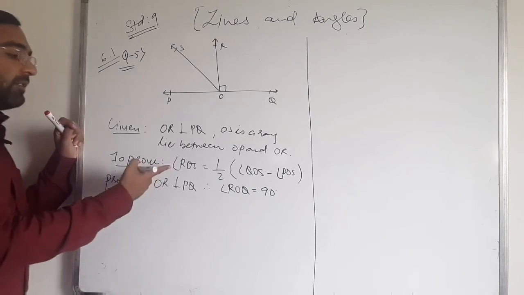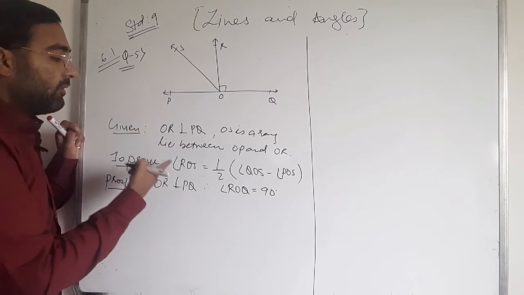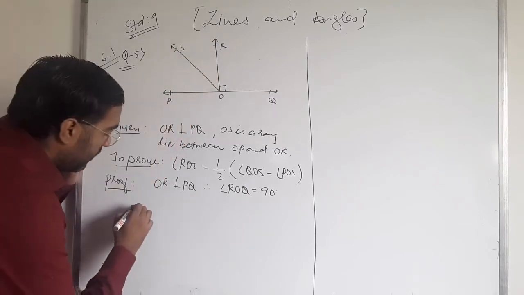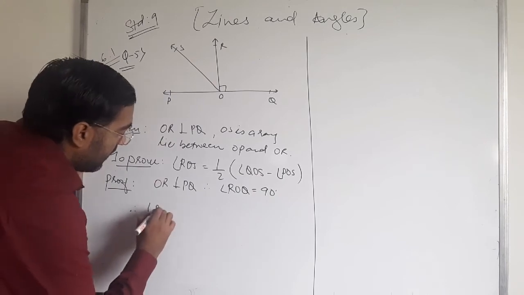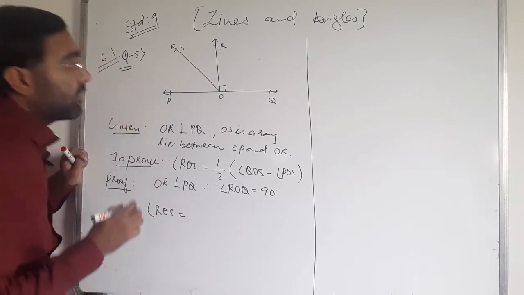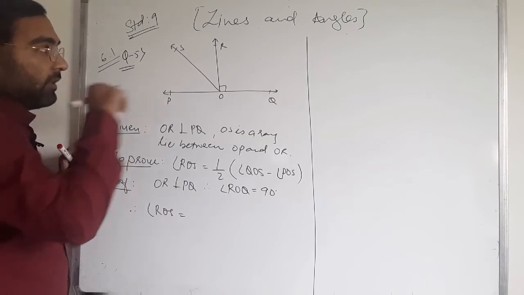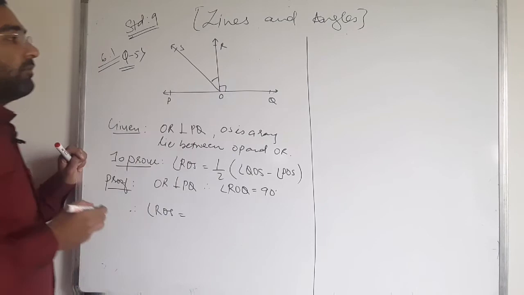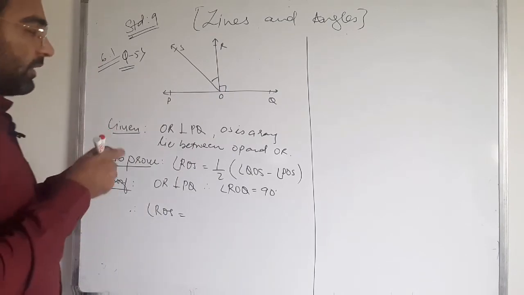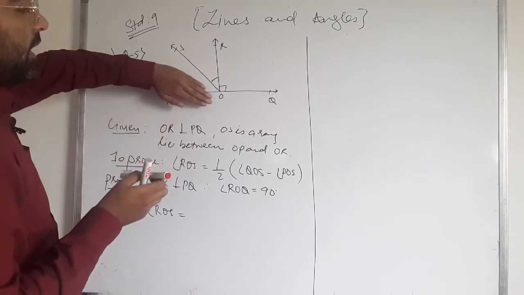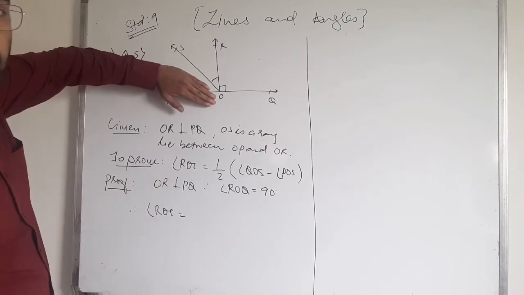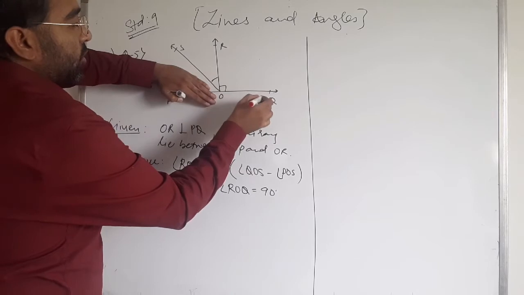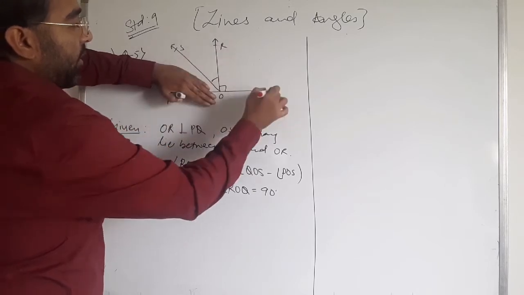Here the statement is clear, that is we want ROS. So first of all, ROS should be found from this part. We can't consider this part, so we have to take QOS minus ROQ.